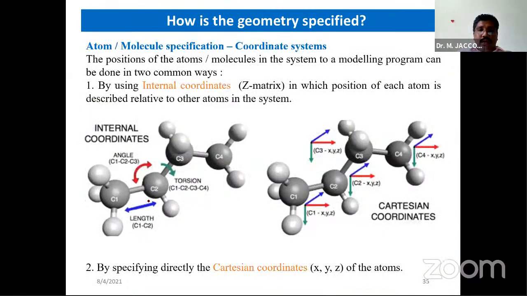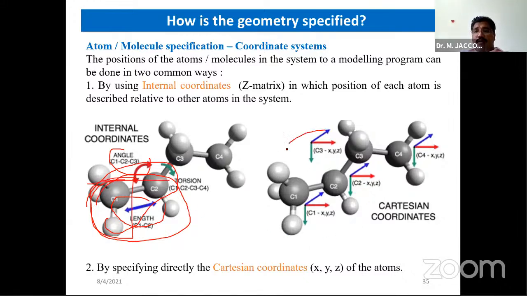This is the internal coordinate. As I told you, it has length, then angle when the third atom comes into the picture. For a fourth atom, it is a torsional angle, the dihedral angle between 2 intersecting planes. Cartesian coordinates in terms of X, Y, Z we often come across, and everything can now be done graphically when you draw the molecule in software.